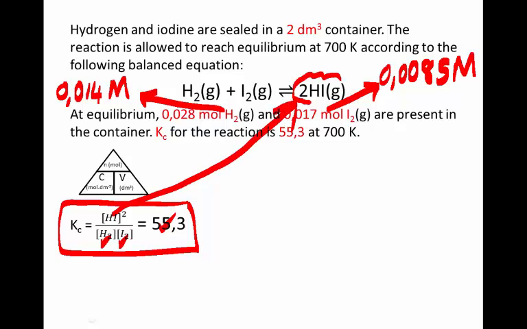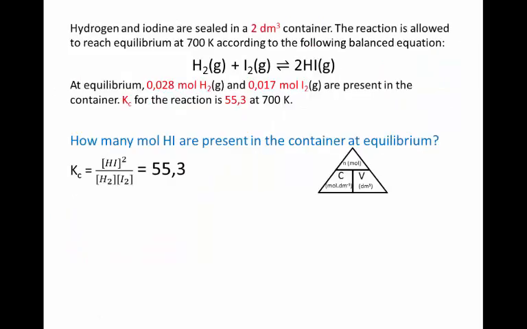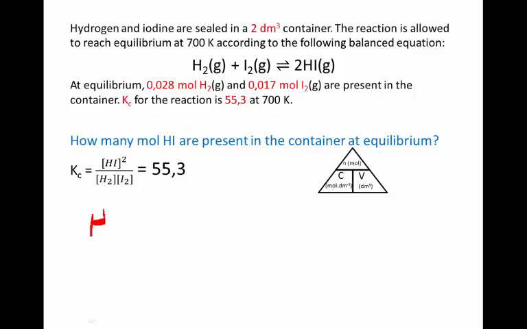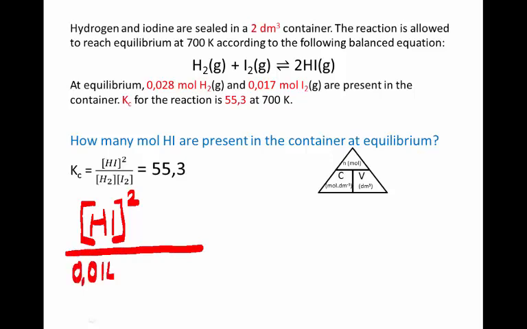So we make ourselves a sub-question for this main question we're asking, and that is, how many moles of hydrogen iodide are present in the container at equilibrium. So we need to find out the concentration of hydrogen iodide. It must be raised to the power 2. We know the concentrations of hydrogen and iodine. Look back if you've forgotten, but they are 0,014 molar, and we must multiply that by the concentration of iodine at equilibrium, 0,0085 molar.